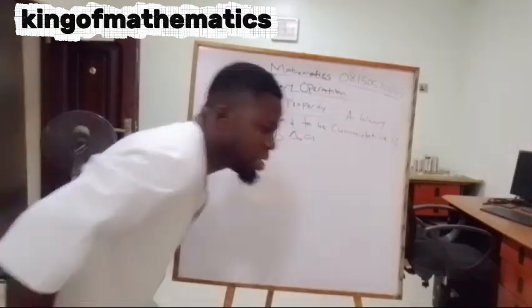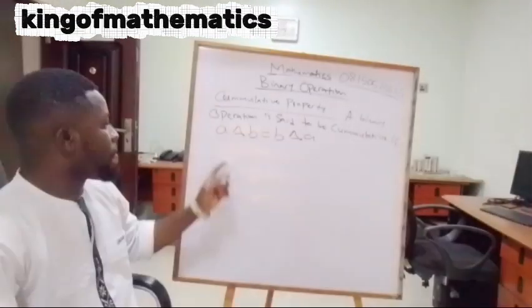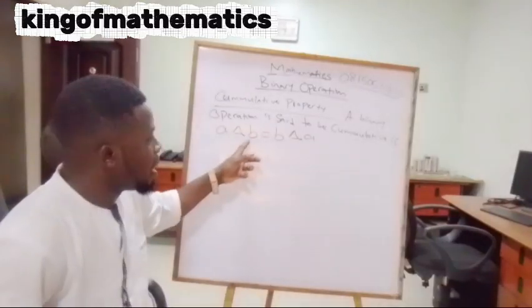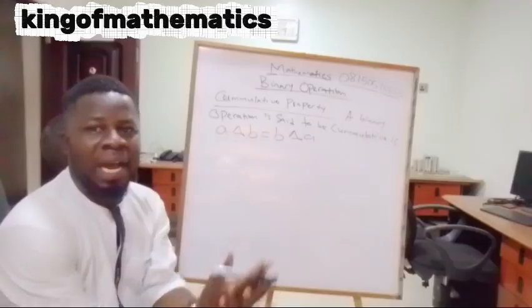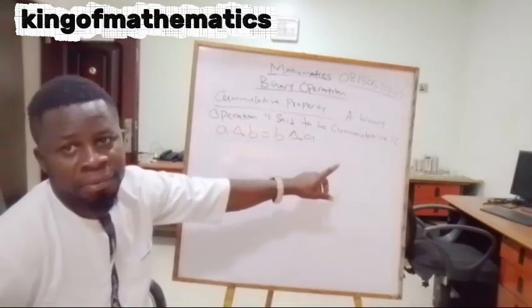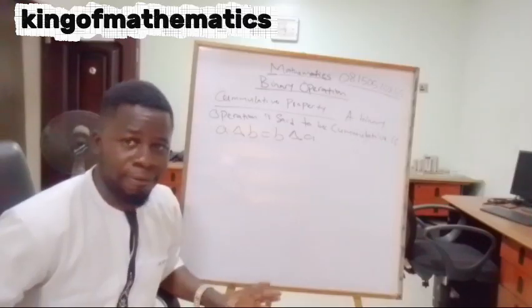This is very simple. If you operate A on B and it gives you the same answer as when you operate B on A, then you say it is commutative.